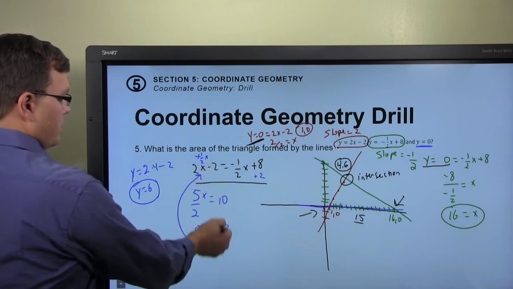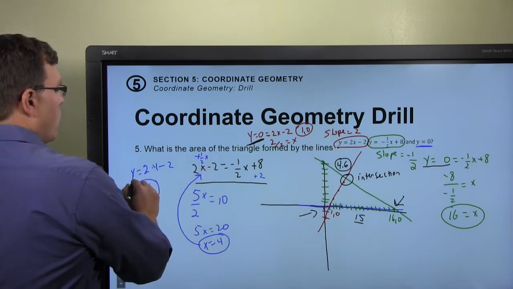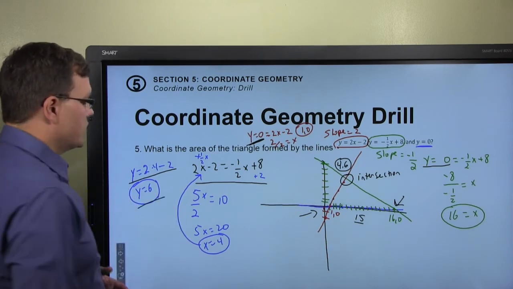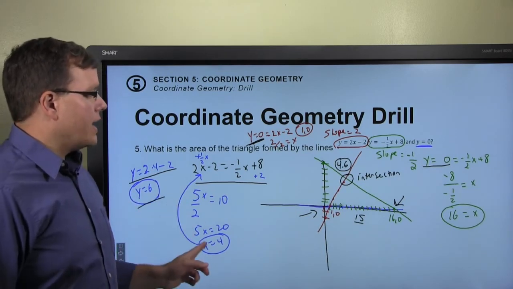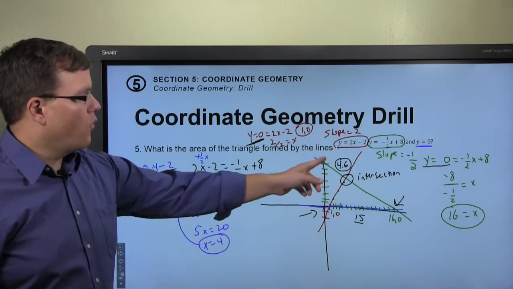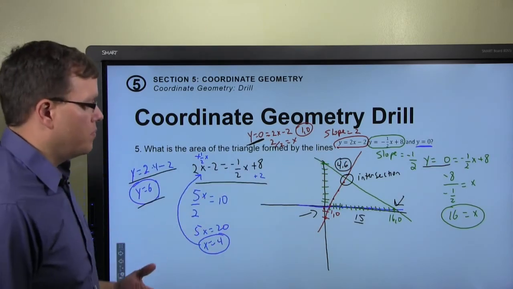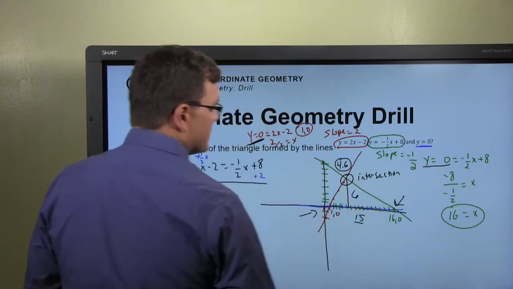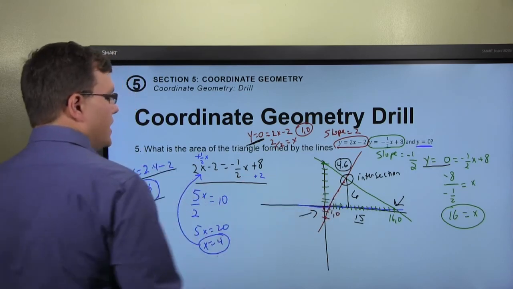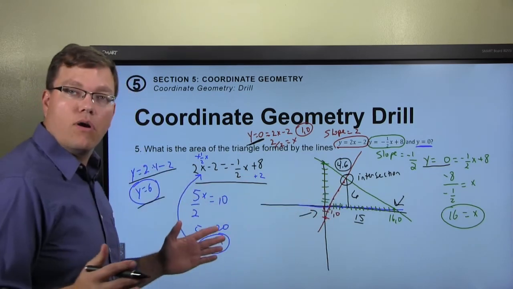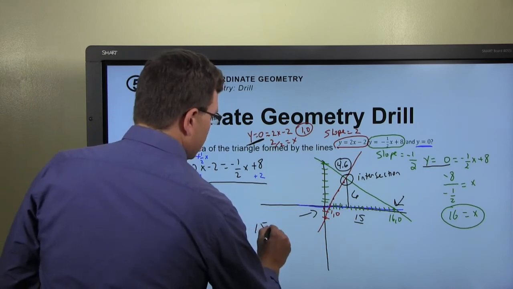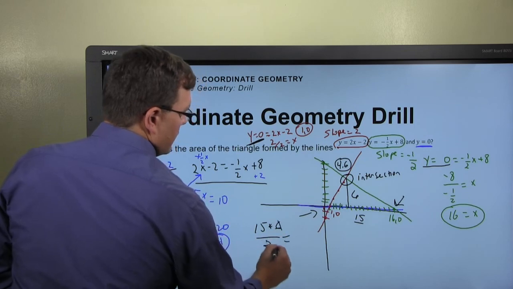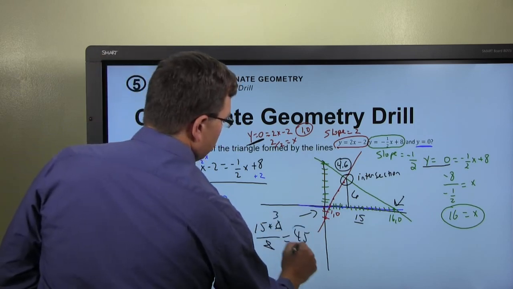Plug that back in: y is equal to 2 times 4 minus 2, so y is equal to 6. So where x is 4, y is 6. So (4, 6) is the point where the peak is, and that means our height is going to be 6. And again, we have 15 for our base. Of course, 15 times 6 divided by 2 is going to be 45.